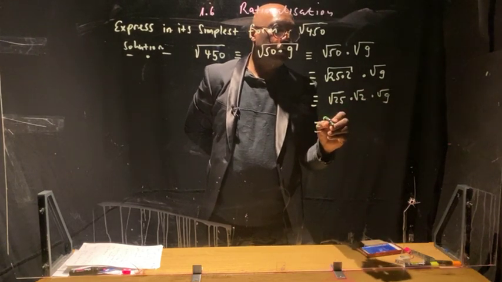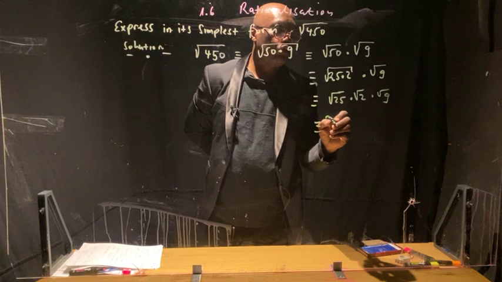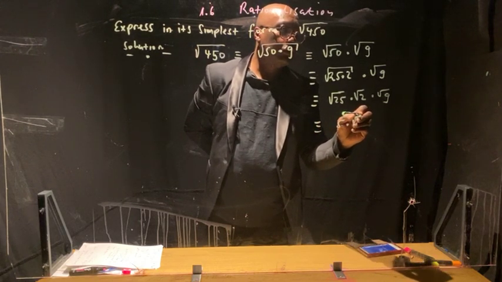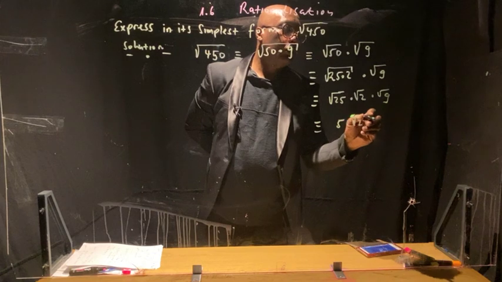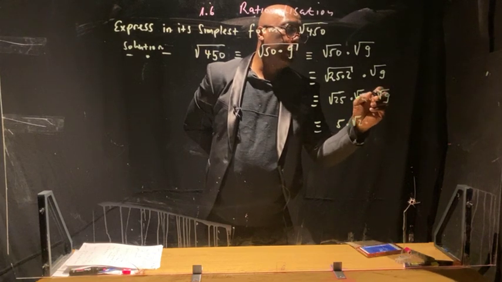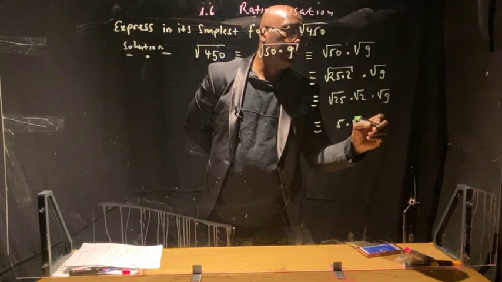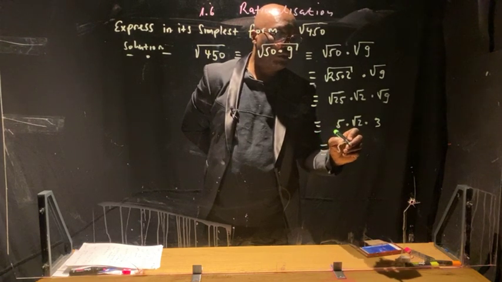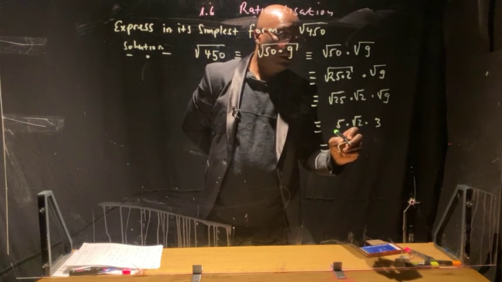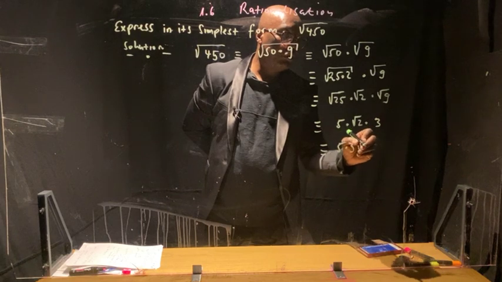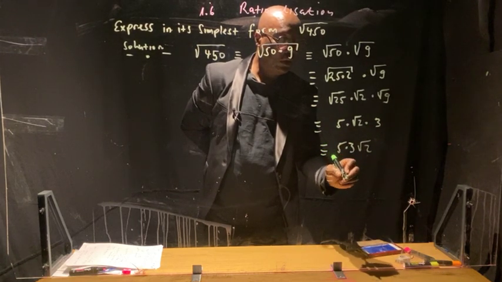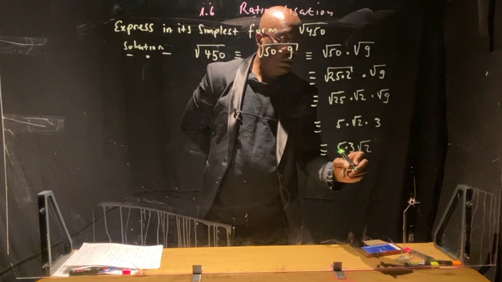Root 25 is equal to 5 times root 2, which is being multiplied by root 9. Root 9 is 3. So it becomes 5 multiplied by 3 root 2, which is also equal to 15 root 2.